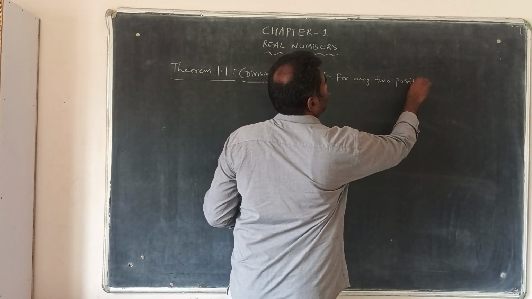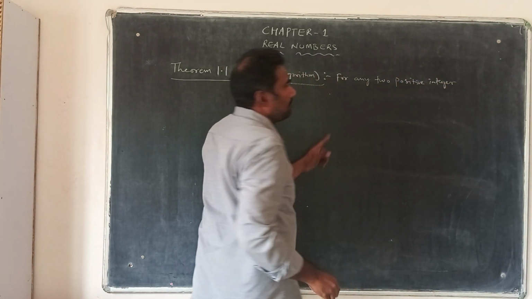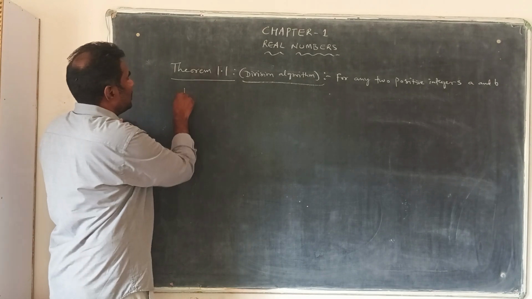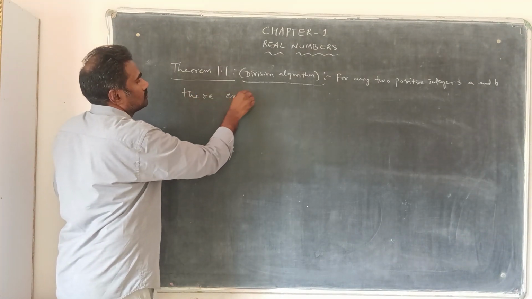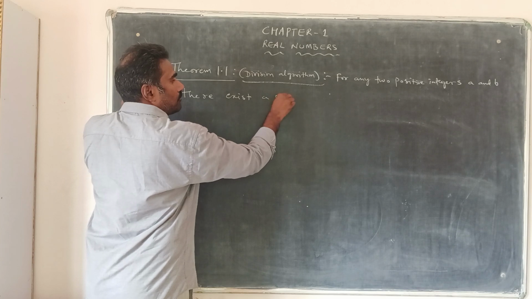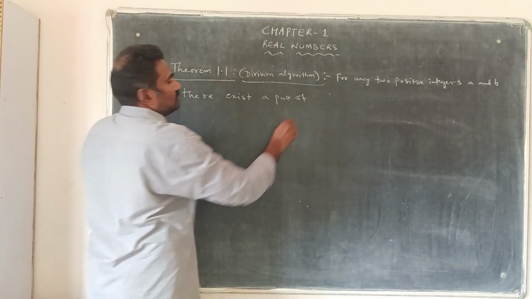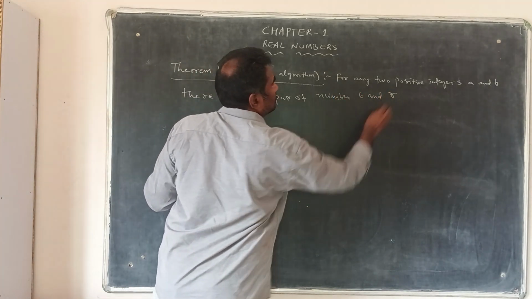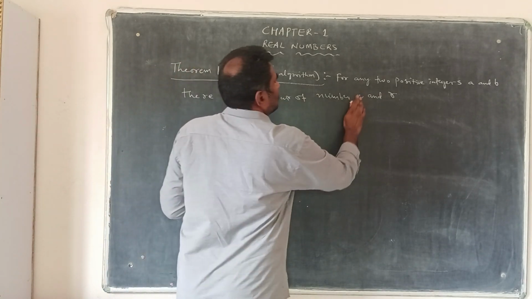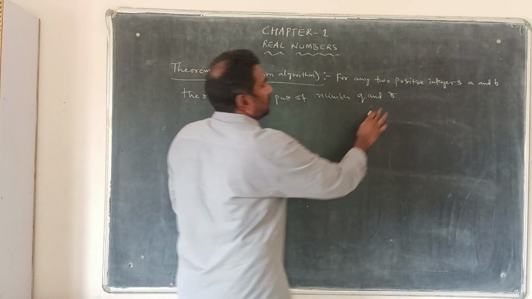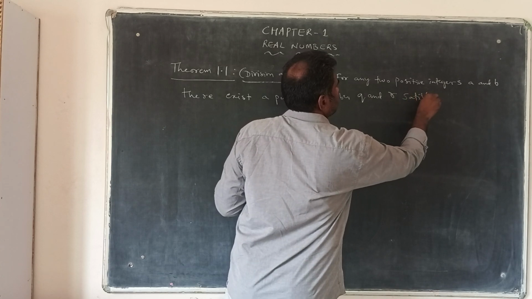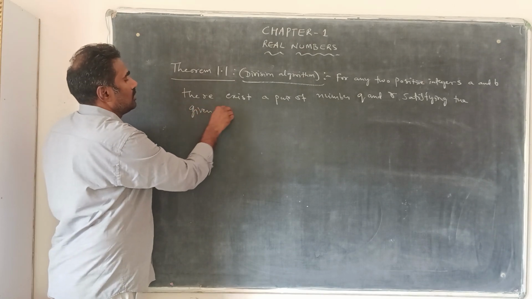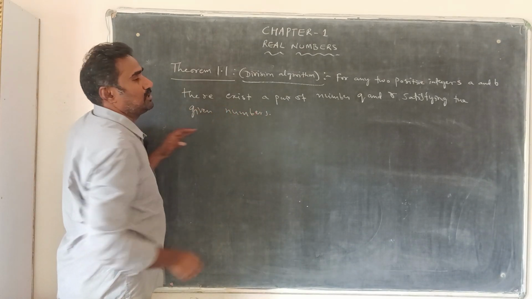For any two positive integers a and b, there exists a pair of numbers q and r satisfying the given condition. So it is the division algorithm.